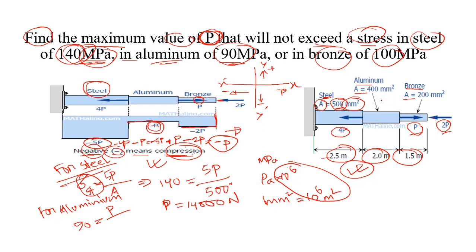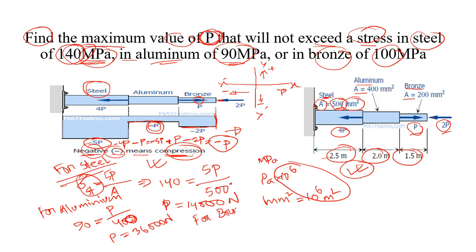What will the area be? The area is 400. Then P equals 36,000 Newton. Okay.